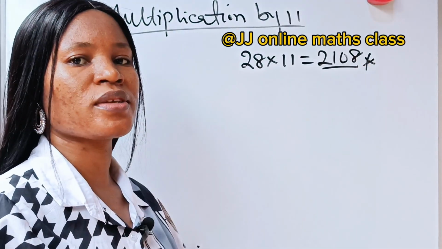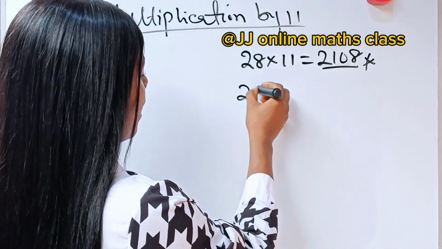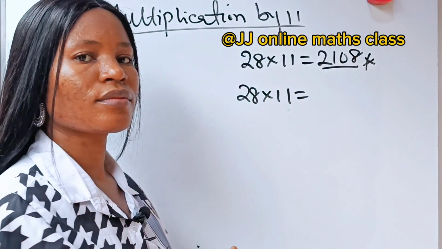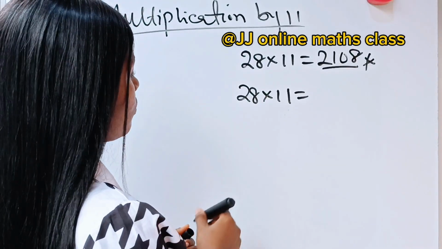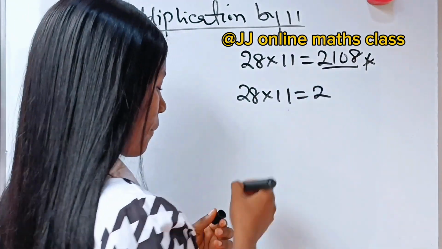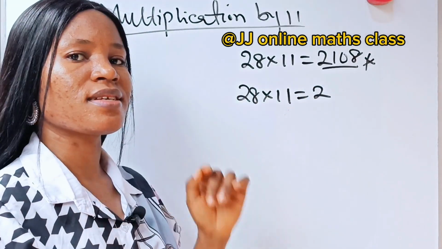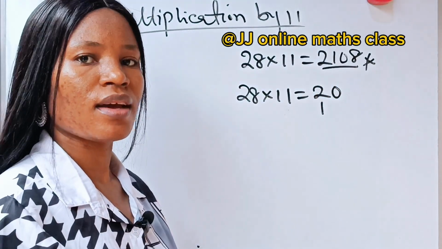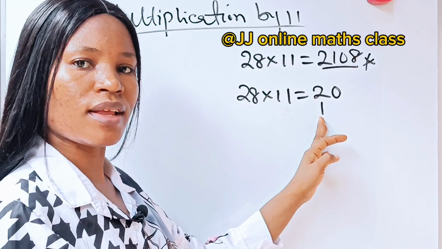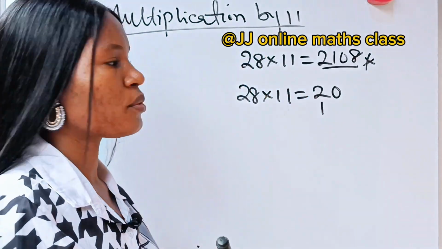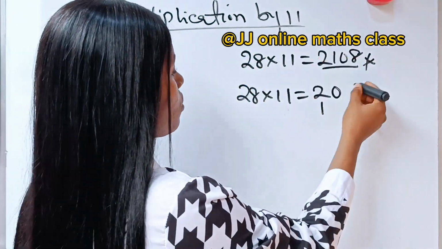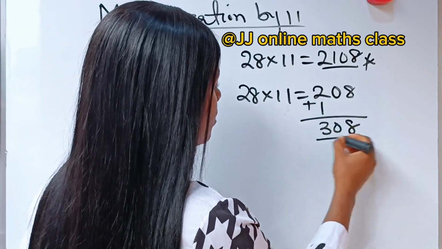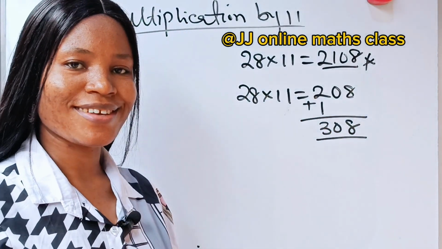This is the right way to do it. 28 times 11 is equal to, you write the first number. Now 2 plus 8 is 10. You write it like this: write 1 under this 2 and then drop your 0. Then you repeat your last number, which is 8. Then you add. You are going to have 308, which is the solution.